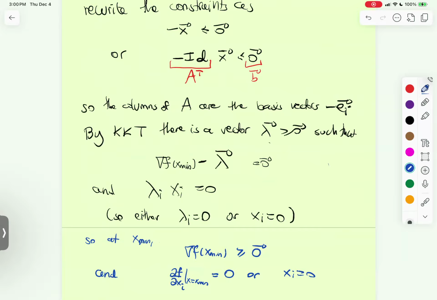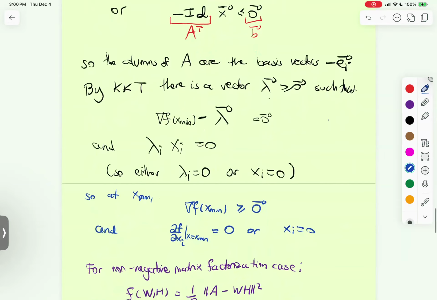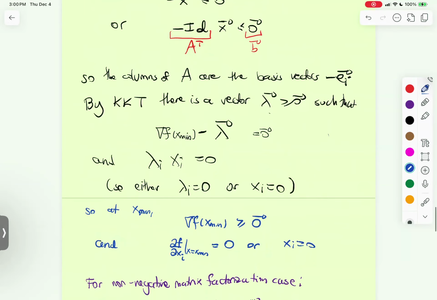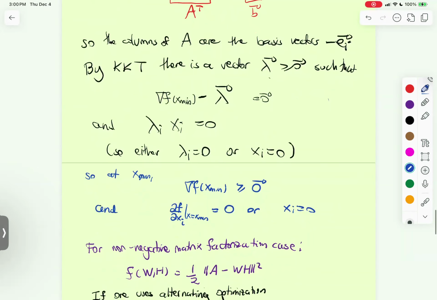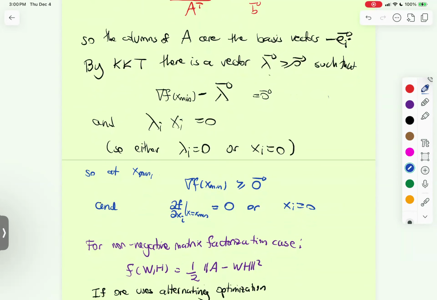And how does this relate to the matrix case? So again, just to go back to the matrix, the non-negative factorization of the matrix. What was the setup?